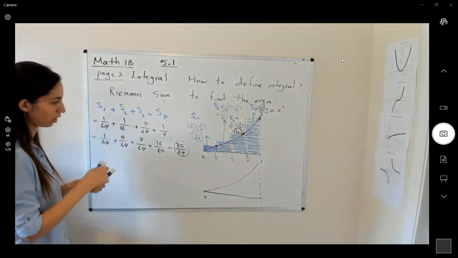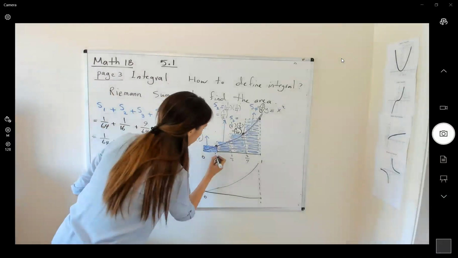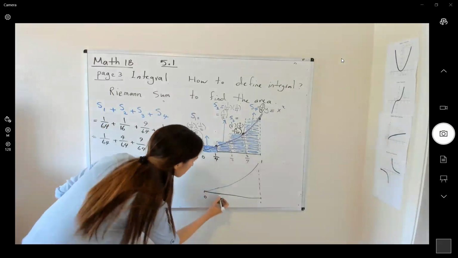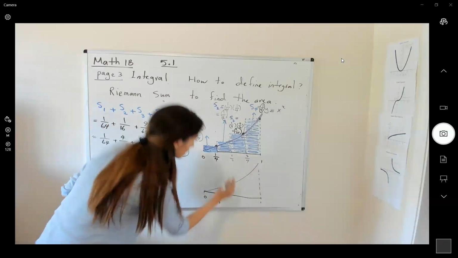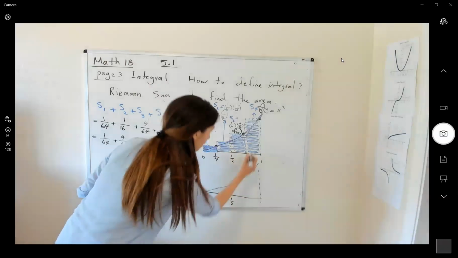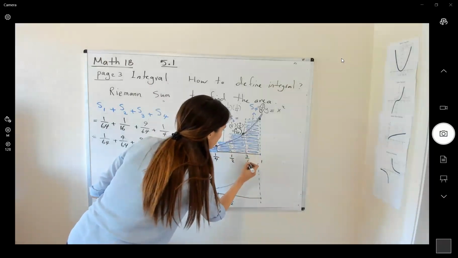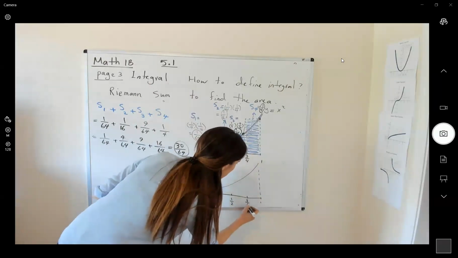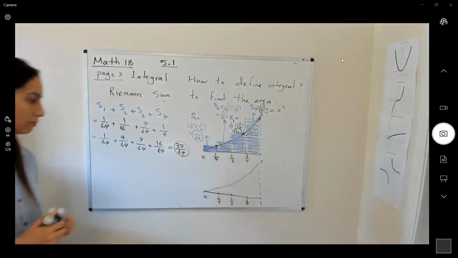Very well. So I have a 1/4 here. I have a half here. I have 3/4, which is here. And finally, I have 1.